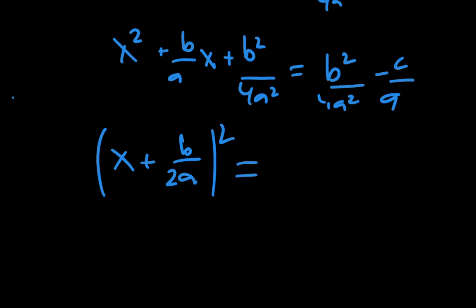And the right-hand side, we're going to combine these fractions by multiplying this right fraction by 1, or 4a over 4a. And that gives us, I could write it either way, but I like doing it like this.